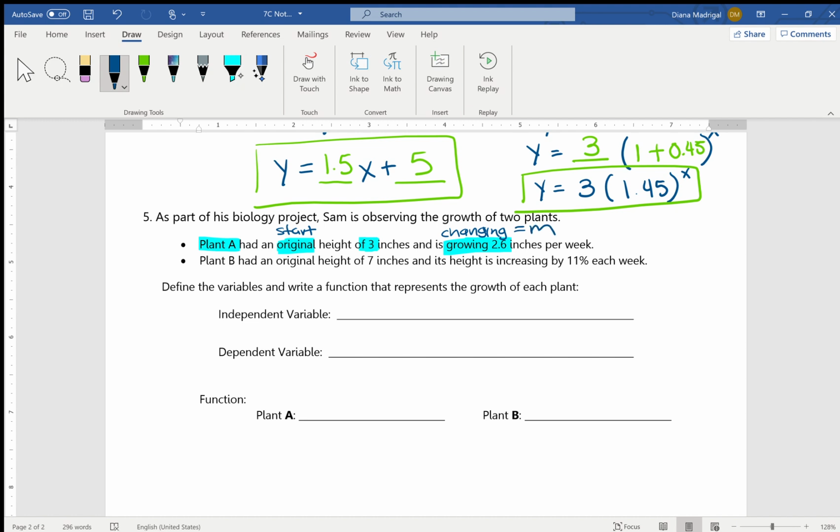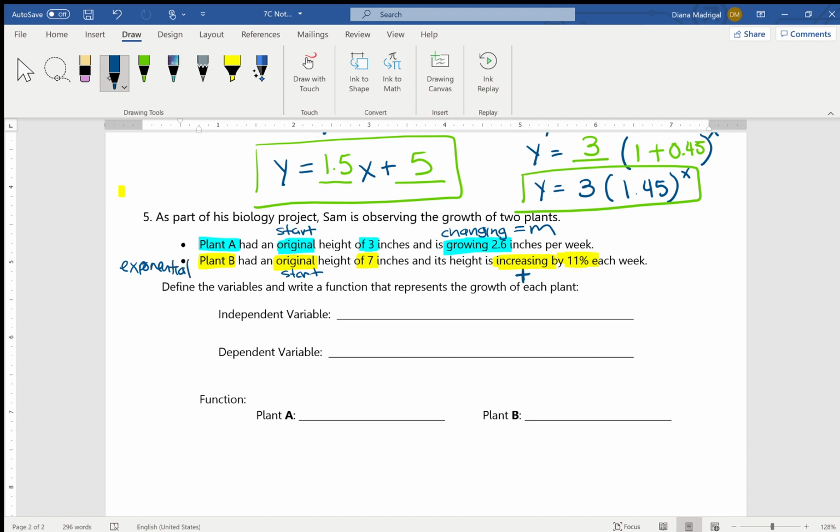All right, so let's read plant B. Plant B has an original height of 7, and the height is increasing by 11%. Okay, it starts at 7 and it's increasing, which means adding, by 11%. Because of this percentage, I know that this has to be exponential.